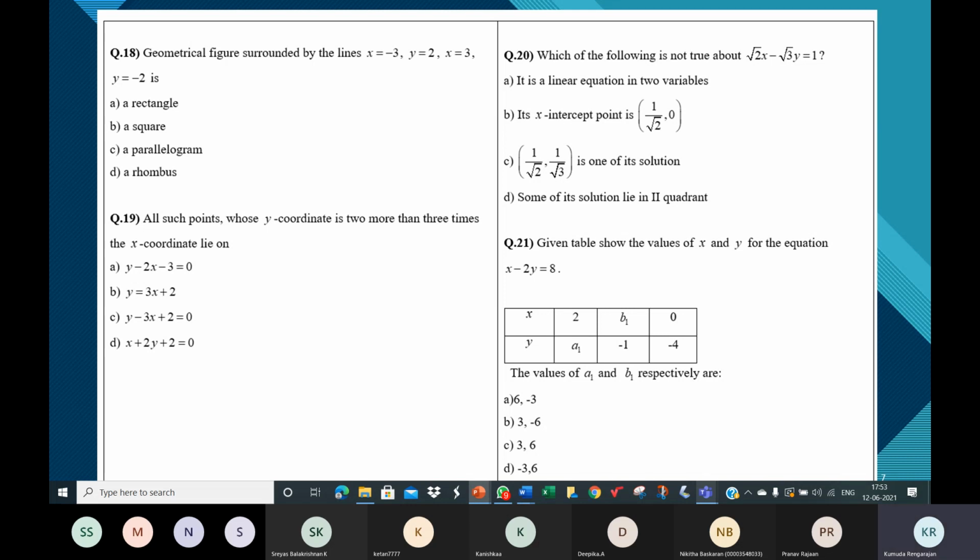Just see again, make a rough graph. I don't think it's a square. Ma'am, rectangle, ma'am. Ma'am, I think it's a rhombus, ma'am. Yeah, I'm just waiting for the others also.